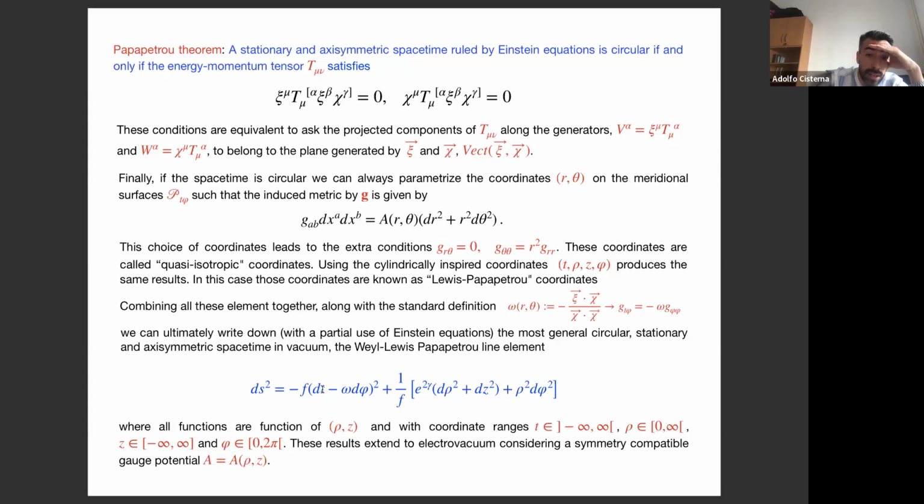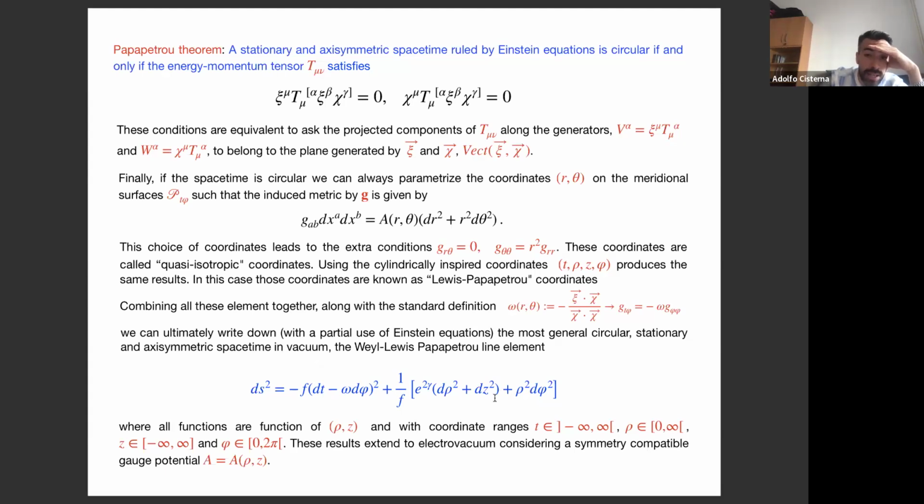So I say T is going to be the imaginary unit times phi, and phi is going to be the imaginary unit times T. When you do that, this minus here disappears. This becomes d phi, this becomes dt, and here you get minus dt squared.